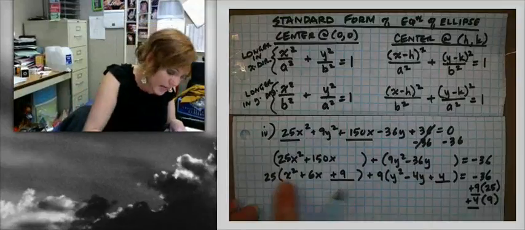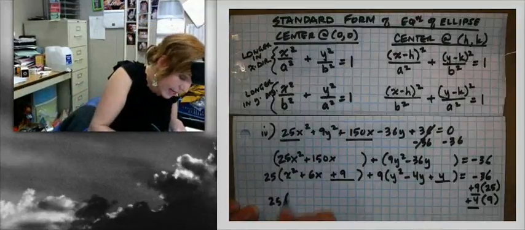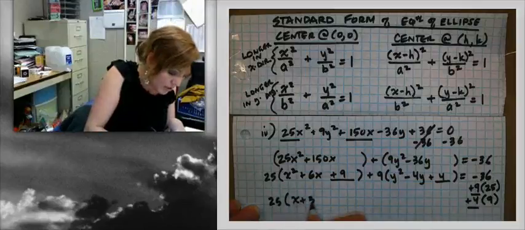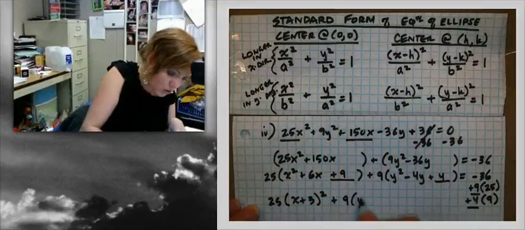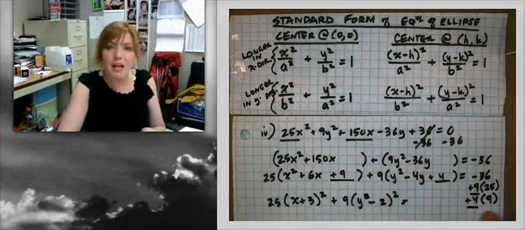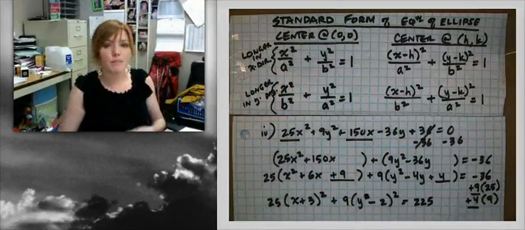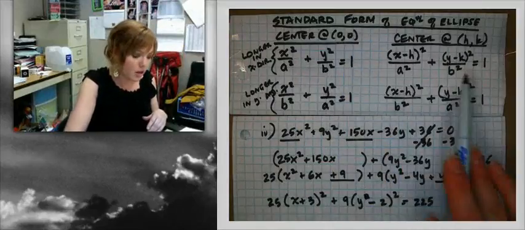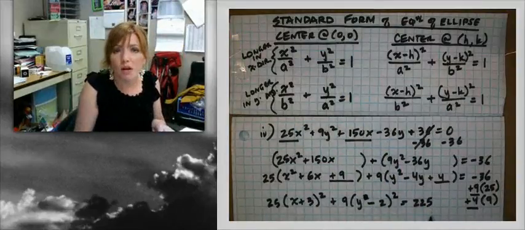This x squared plus 6x plus 9 factors to x plus 3 squared. This one factors to y minus 2 squared. On the right-hand side, if we multiply and add all of this together, we end up with 225. So we look really close to one of these up here. The problem is we don't have a 1 on the right-hand side.